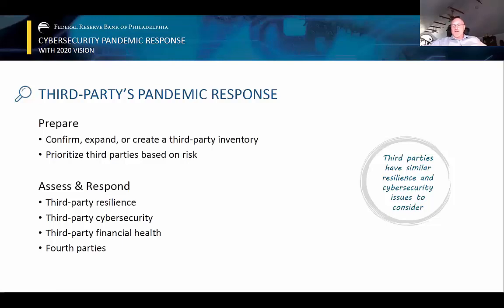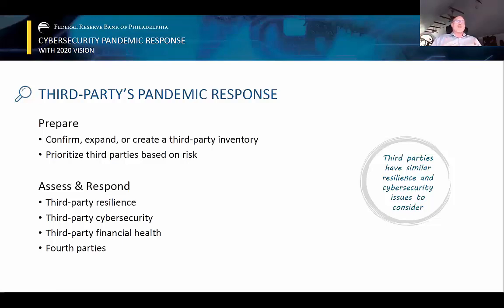It should be identifying what external services are critical, what internal business units are really relying upon those services, what type of data and how much data the vendors actually have, and what fourth and fifth parties they are potentially relying on and might also have your data.